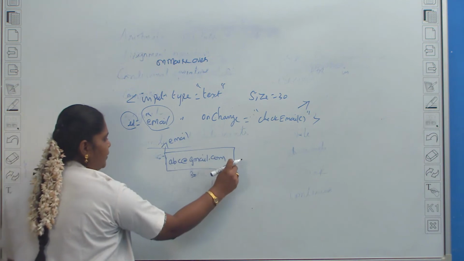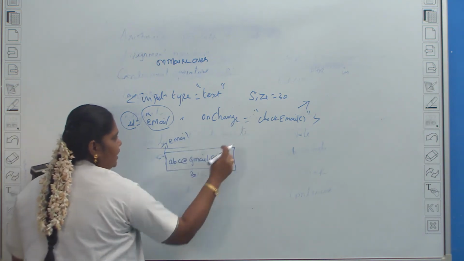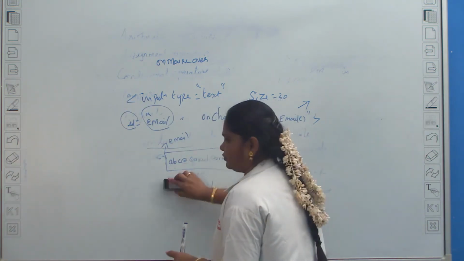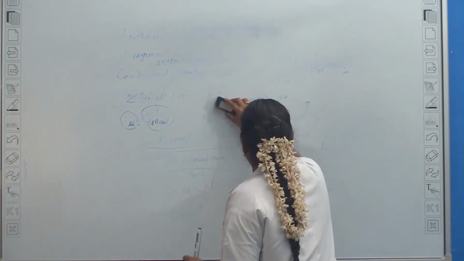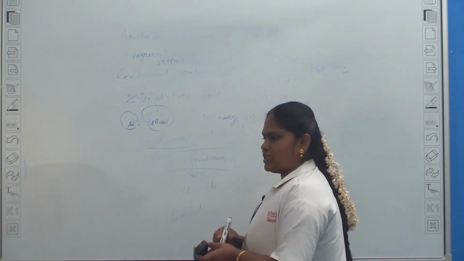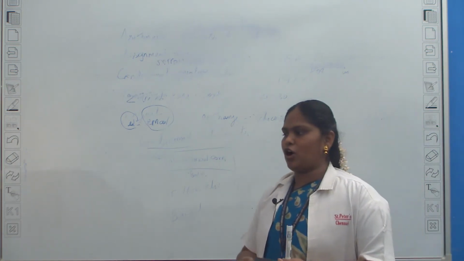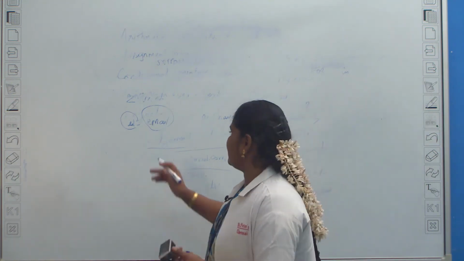Once I type inside the box, the change event will take care of the checkEmail function. Many types of events may be used: onfocus, onblur, onselect, onmouseover, onmouseout, onclick, onload, onsubmit. That is for JavaScript events.